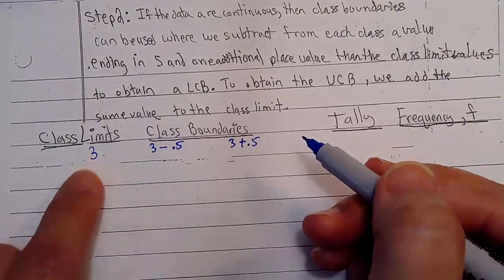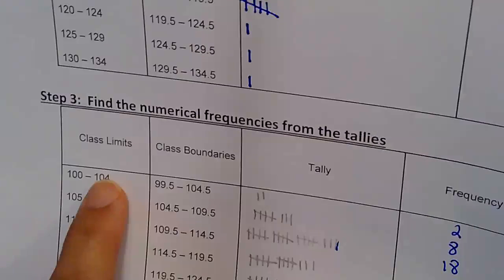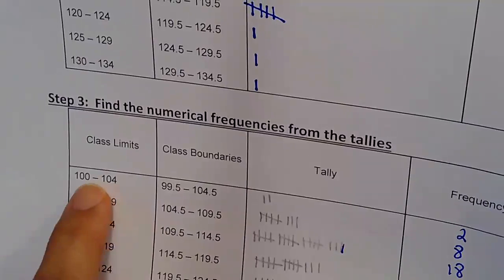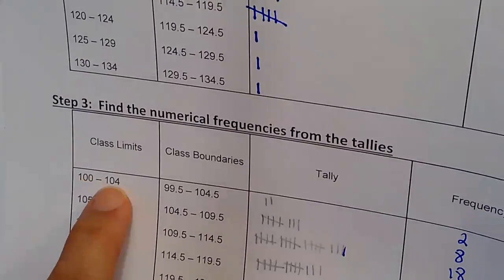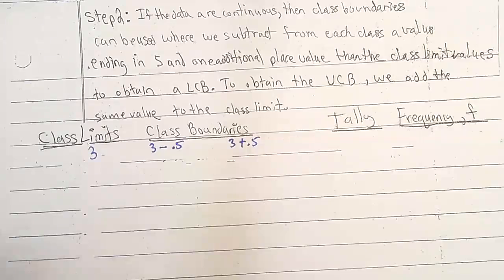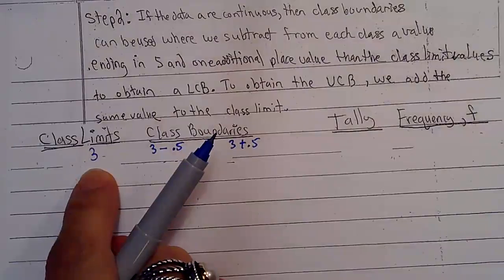Remember how we did this in the past? If I had a class limit with more digits, I would subtract here and add here. But in this case, I only have one digit, which is what we had in quiz 1. When you take quiz 1, that problem related to the boundaries, you'll have one digit and you subtract and add.